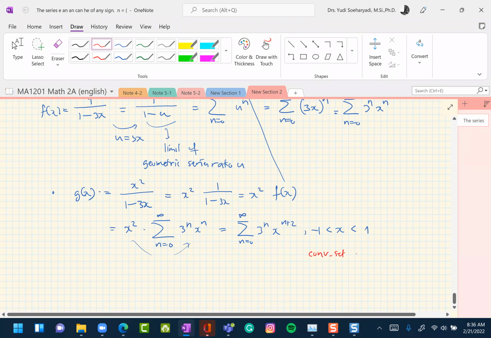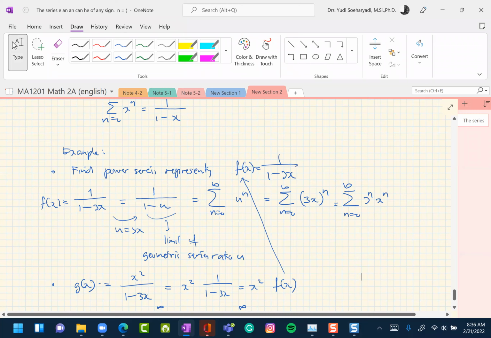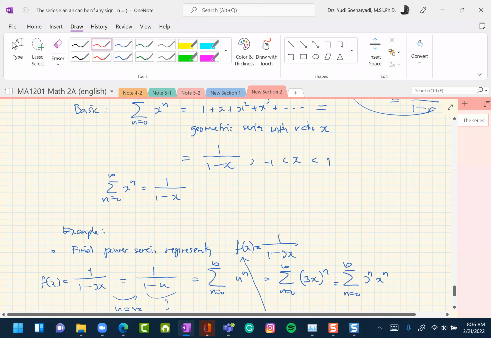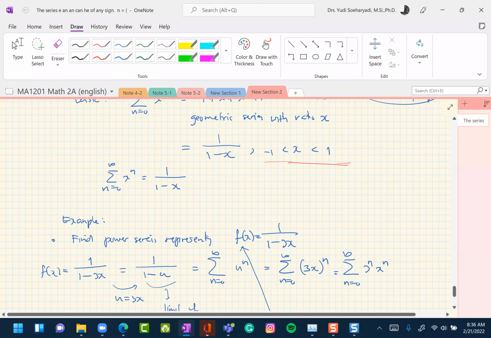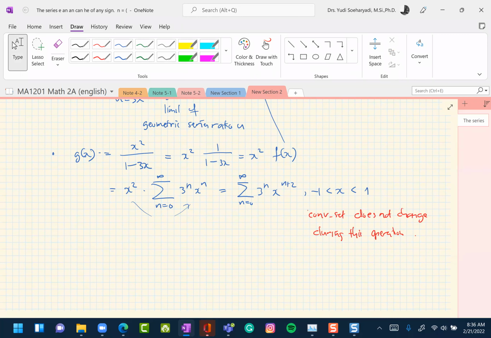The convergence set does not change during these operations. So you start with convergence set between -1 and 1. You multiply by x squared, still the same convergence set.